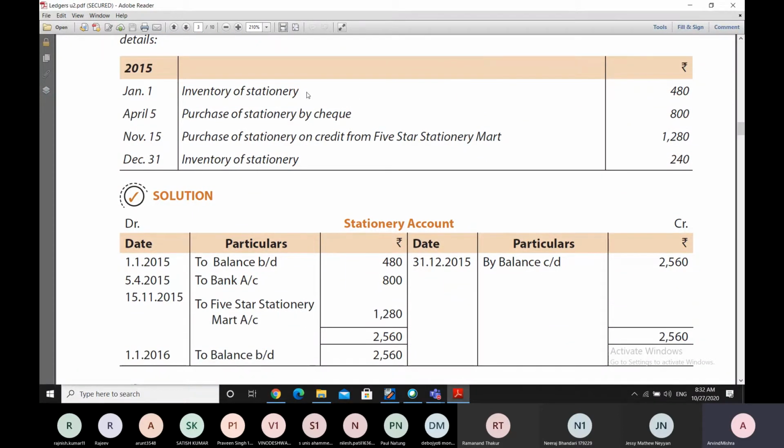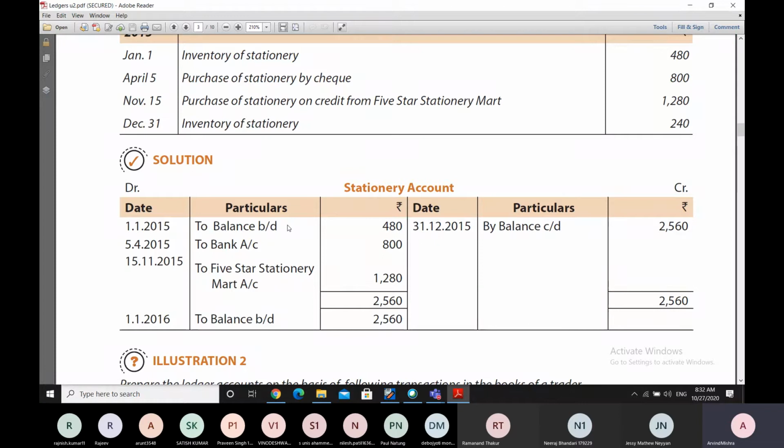So the inventory of the stationery in the stationery account will be entered as the opening balance. And the opening balance is entered on the debit side as 'to balance brought down', as you can see here.